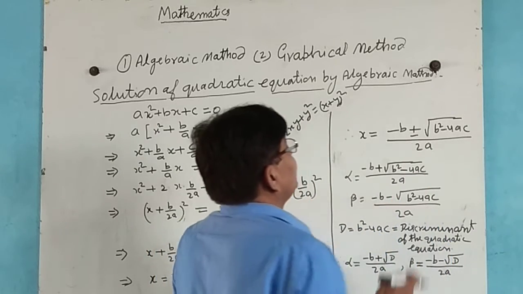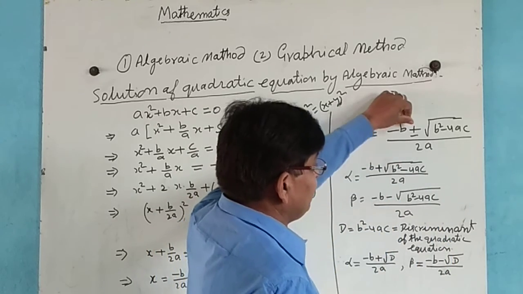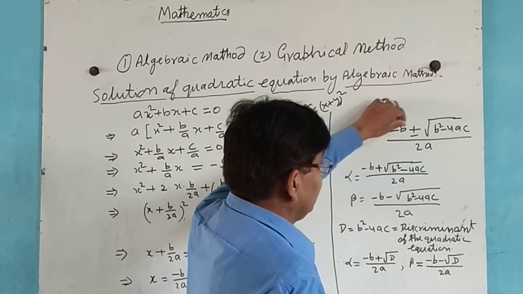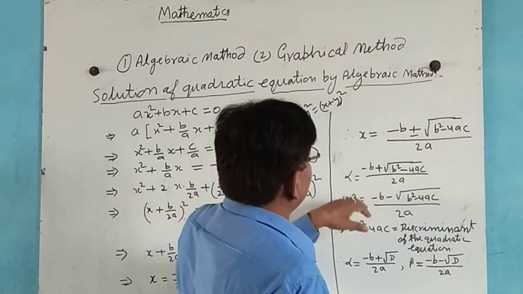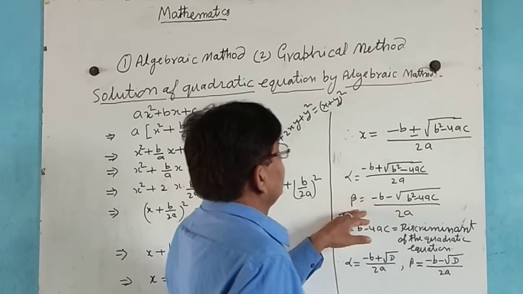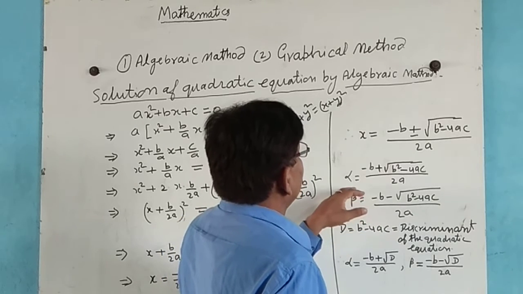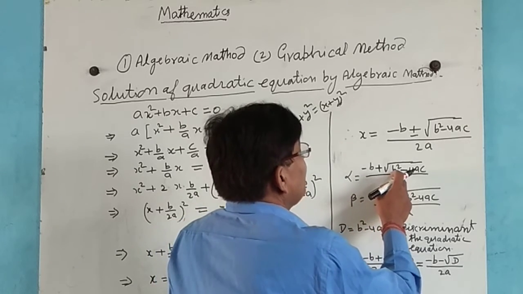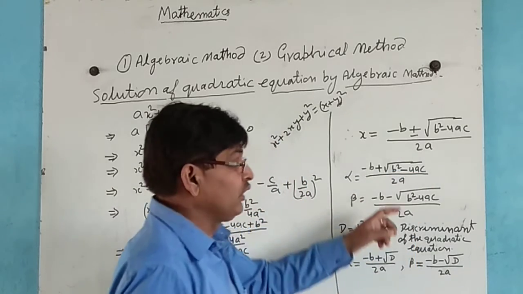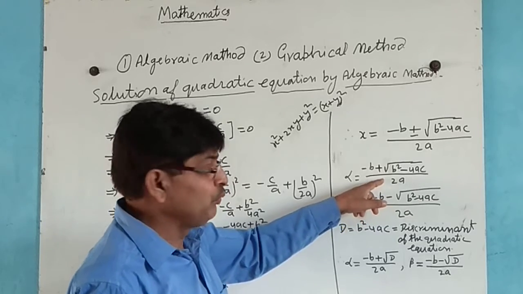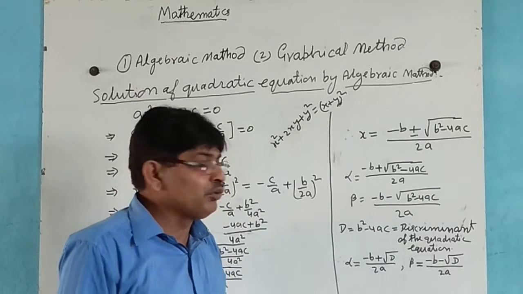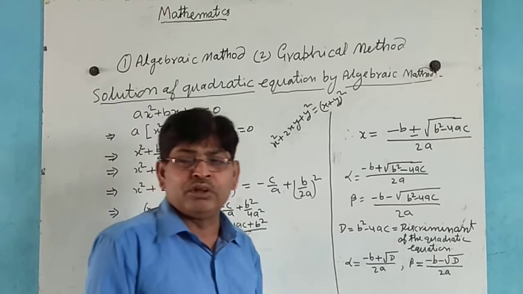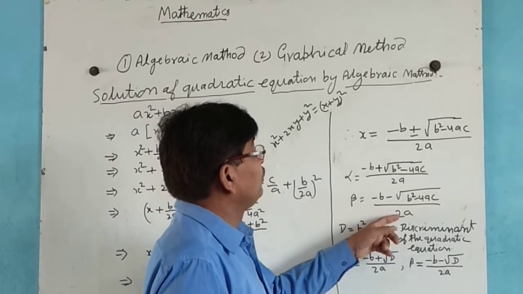It means that if we take the positive sign, we get the first root, and take negative sign, we get the second root. Now alpha equal to minus b plus under root b square minus 4ac divided by 2a, and beta equal to minus b minus under root b square minus 4ac divided by 2a.